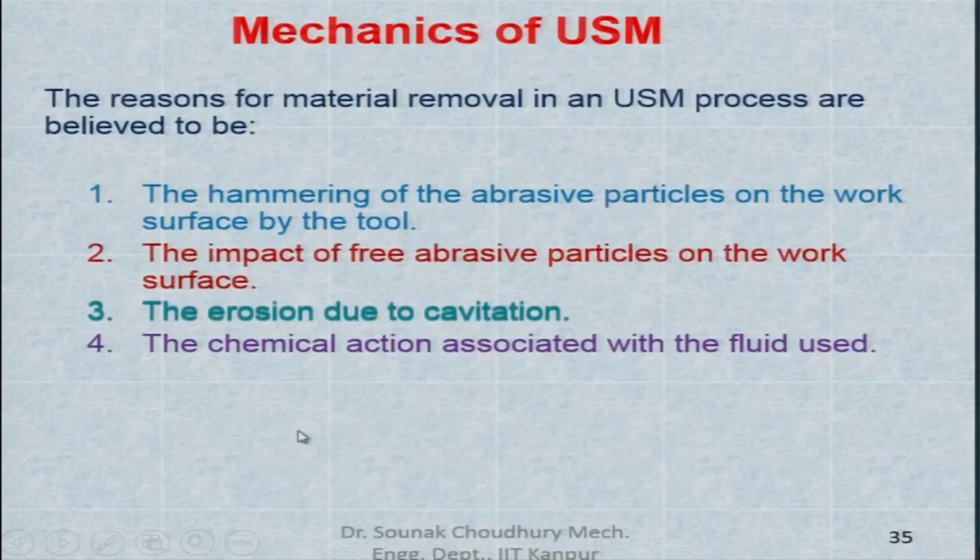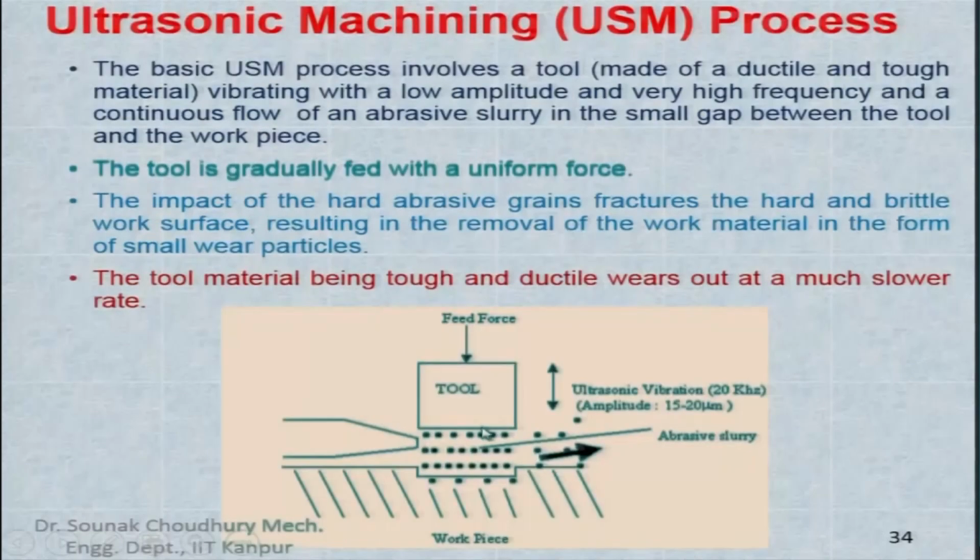Mechanics of ultrasonic machining: the reasons for material removal in ultrasonic machining processes are believed to be these four mechanics. One is the hammering of the abrasive particles on the work surface by the tool. Here we have the abrasive particles, and they are being hammered because the tool is imparting vibration to each of these particles.